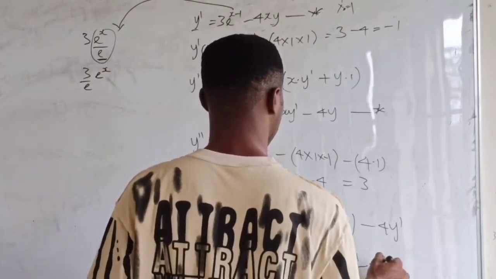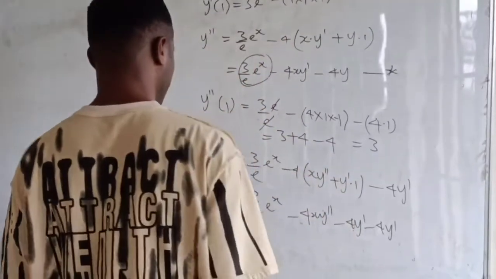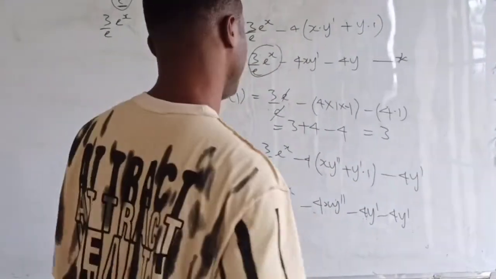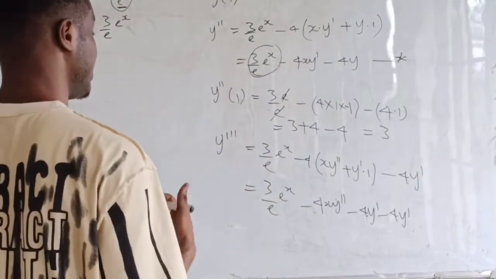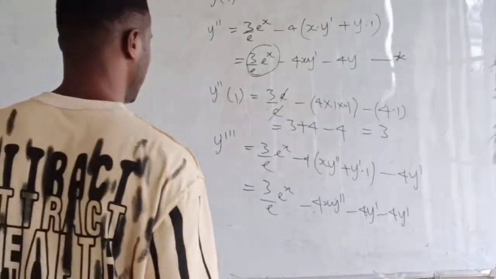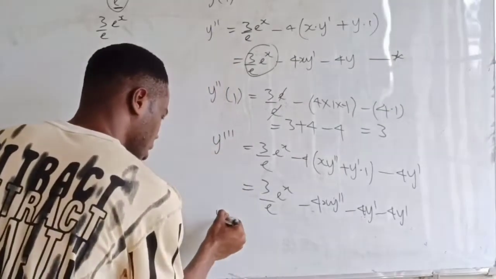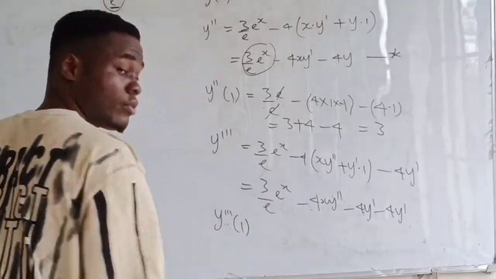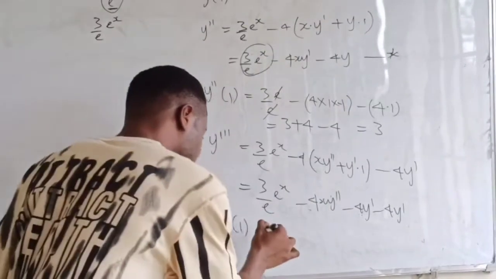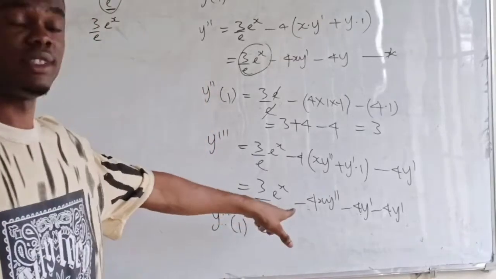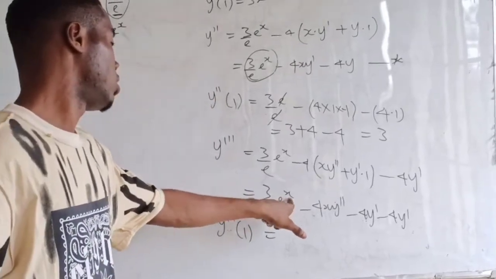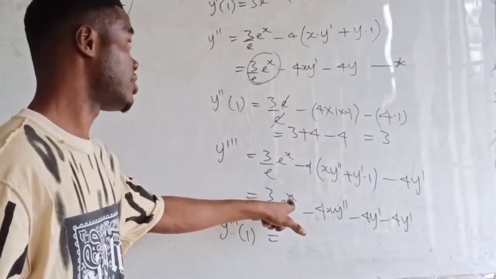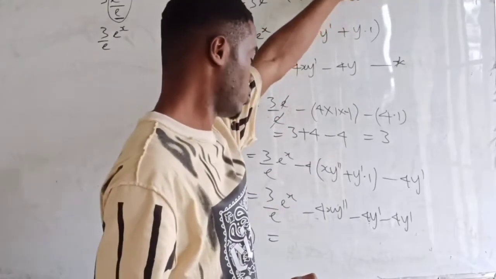minus 4y prime. So by imputation of the initial values, we get our y prime prime prime of 1. Whenever we see x, we know that our x is equal to 1.